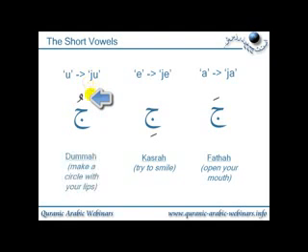The symbol itself is known as Dummah, and when you make the sound, i.e. oo, you make a small circle with your lips. So say oo, and with the letter Jim it becomes Ju. So those are the three short vowels known as Fathah, Kasrah and Dummah, giving the sounds A, E, U.